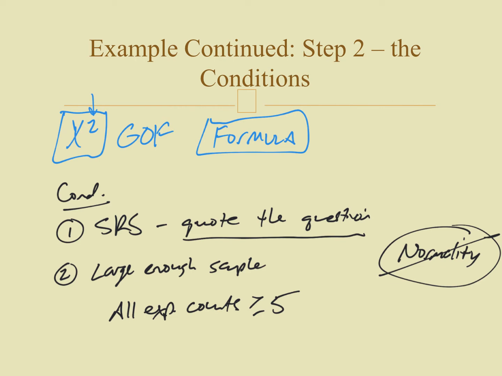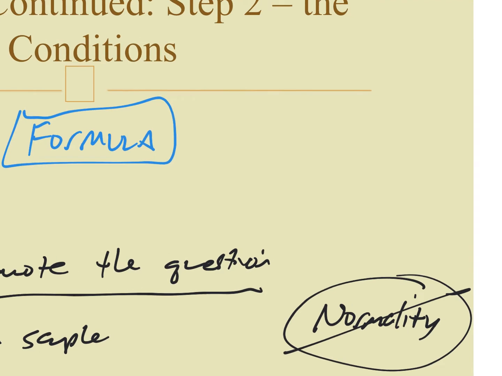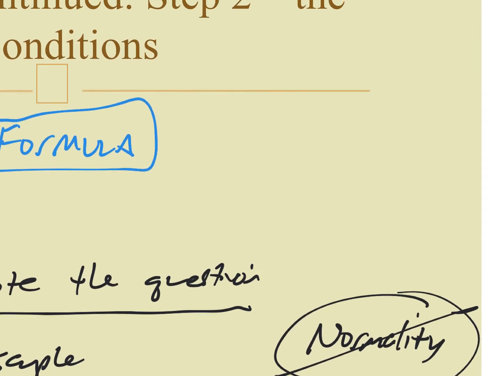How we get these expected counts is where we have to do a little work. I'm going to zoom in up here so we can fit this in. Back on the original page with the data, it gave us 4 different sizes of shirts: small, medium, large, and extra large.